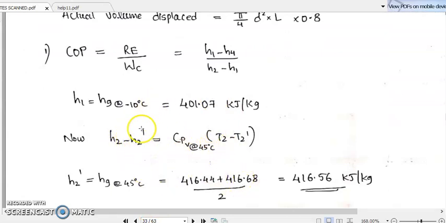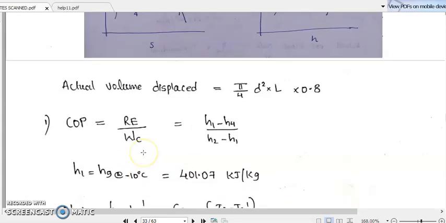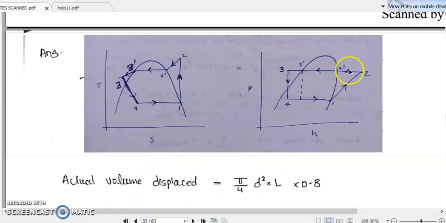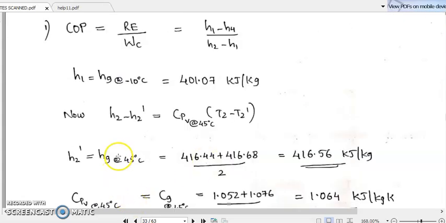But before that, what was this H2 dash? Enthalpy of the refrigerant at 2 dash. The condition of the refrigerant at 2 dash is saturated vapor state. So H2 dash means the Hg value of this refrigerant at 45 degrees Celsius, which we can find by interpolation, and we get 416.56 kilojoules per kilogram.